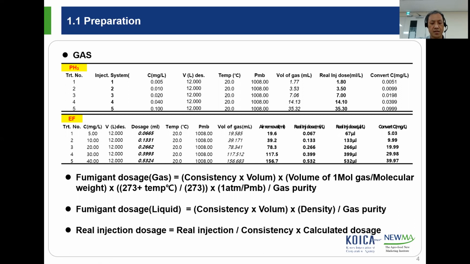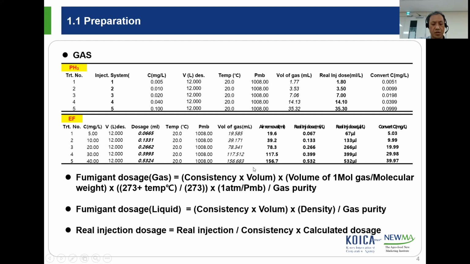However, as this test should be very accurate, you calculate the volume including the actual pressure for the actual injection. The real injection means the amount injected with the real syringe. The formula for gas is this one.